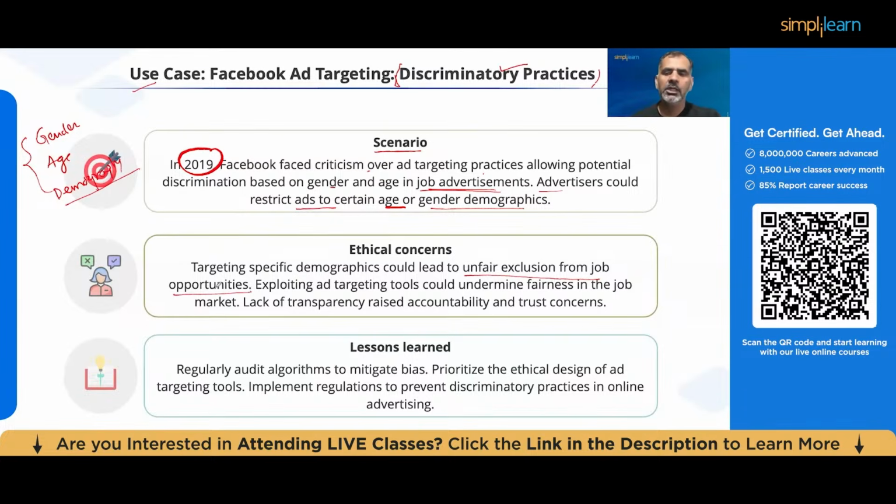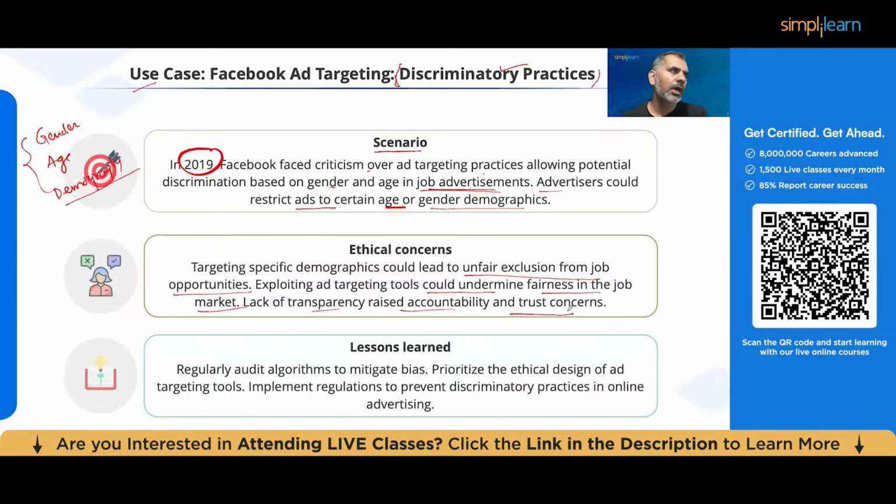When you do this, other people who are not from the same demographic may not get an equal opportunity to get selected or even to apply for that job. Exploiting ad targeting tools could undermine fairness in the job market. Lack of transparency raises accountability and trust concerns.